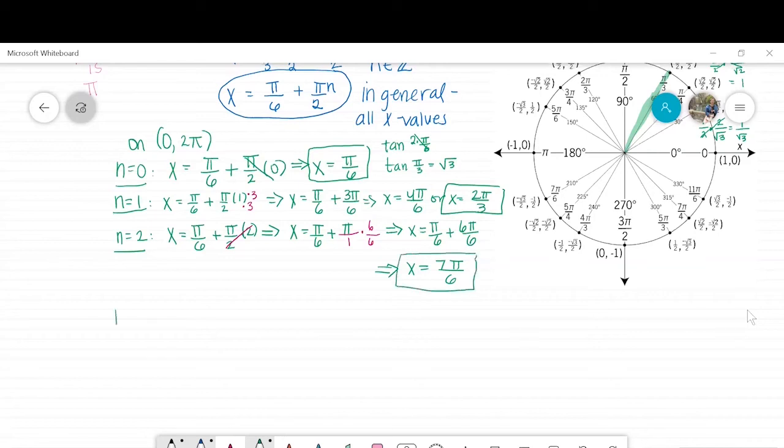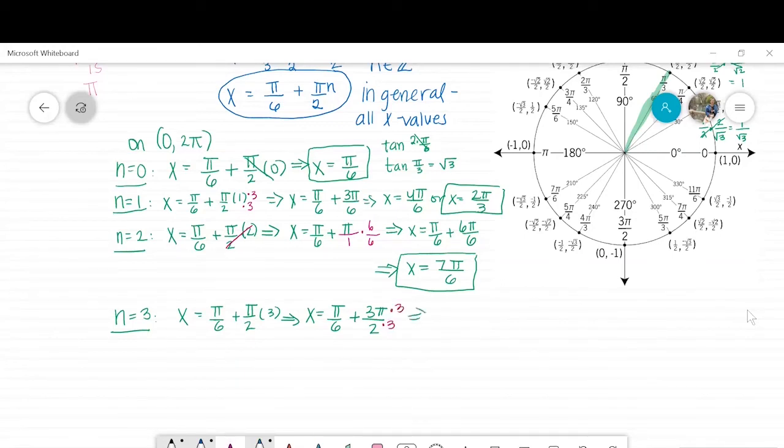Okay, so you keep going. What about when n is equal to 3? Well, that's pi over 6 plus pi over 2 times 3. So we're looking at x is equal to pi over 6 plus 3 pi over 2. Again, we need a common denominator here. Times 3 times 3.